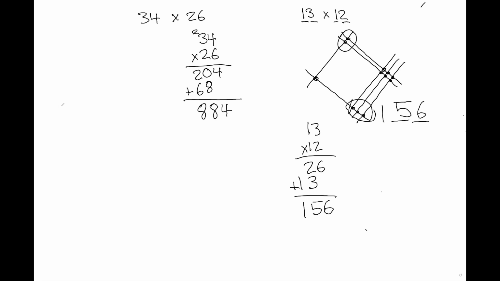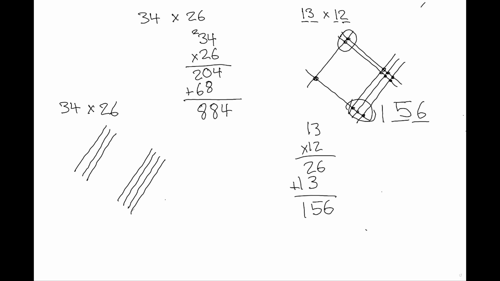So we have 34 times 26. Now, again, we'll be starting by creating lines. We have 1, 2, 3, and then we have 1, 2, 3, 4.